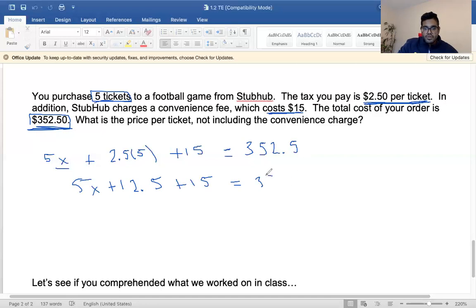Okay, and now from here, we can try to simplify down. We have a constant here and a constant here. Those can combine. So we have 5x, $12.50 plus $15 is $27.50, equals 325.5.